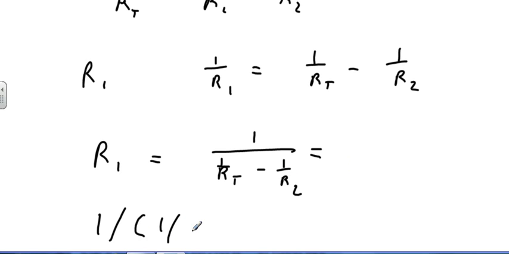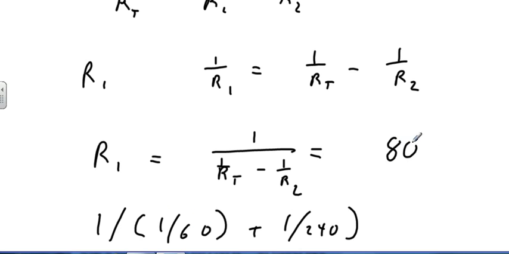Okay, so it'd be 60. 1 divided by 60 minus 1 divided by 240, close parentheses, and we get, so I guess I better do this, 1 divided by 60 plus 1 divided by 240, close parentheses, and it gave me the answer of 80 ohms. 80 ohms.